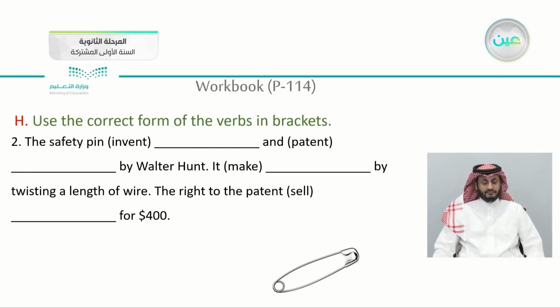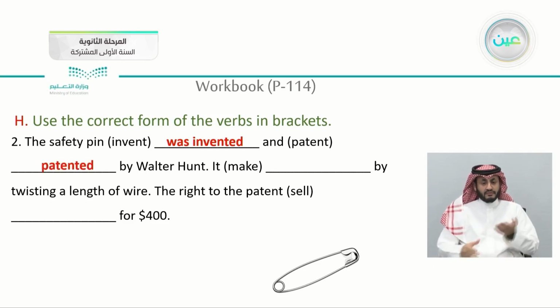The second one, speaking about the safety pin. The safety pin was invented and patented. So it was invented and was patented by Walter Hunt. It was made by twisting a length of wire. It was made.